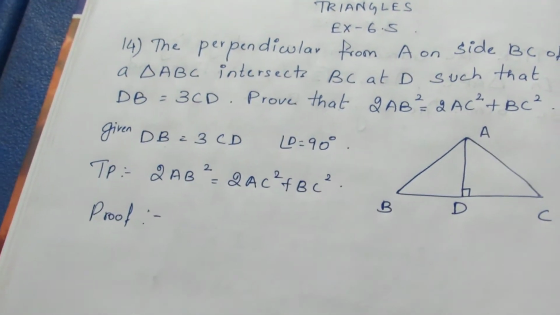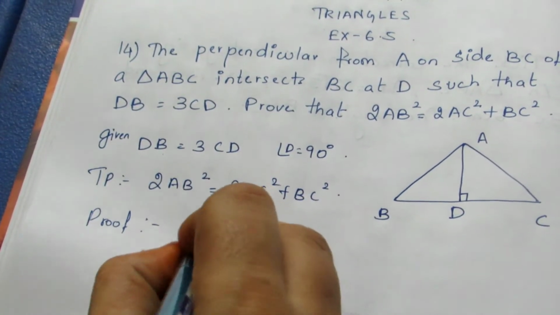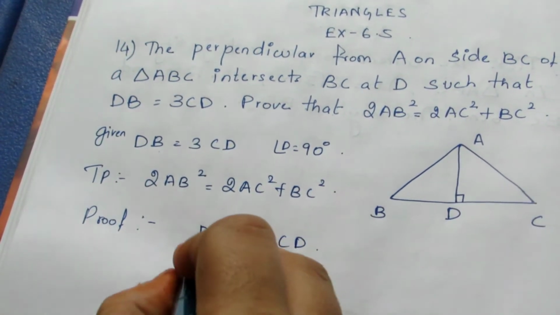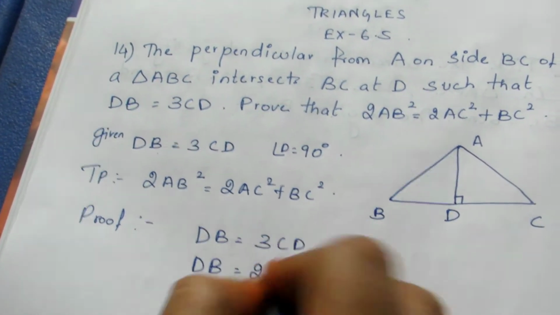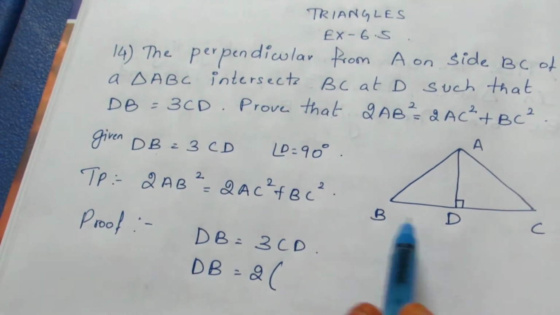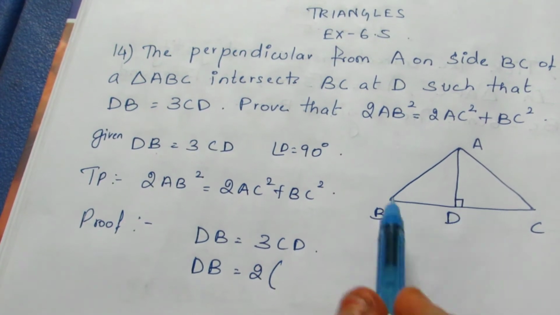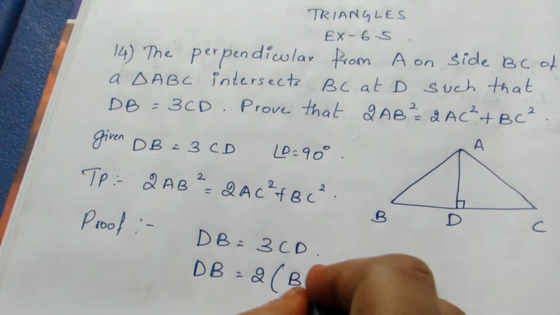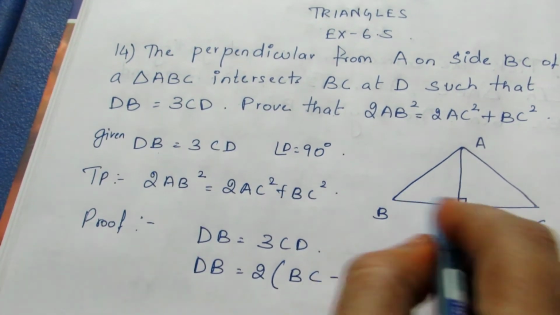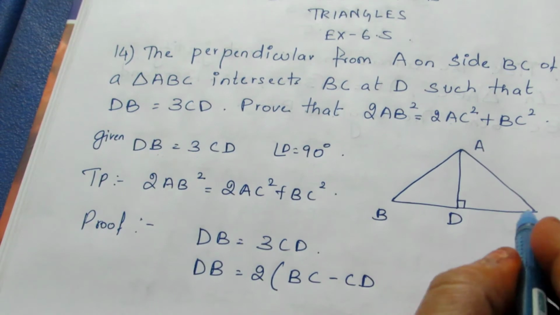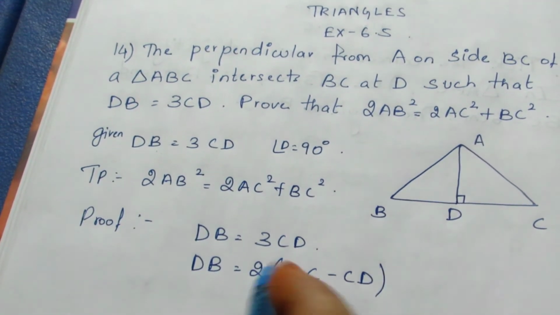Start with the given. The given is DB equal to 3 CD.